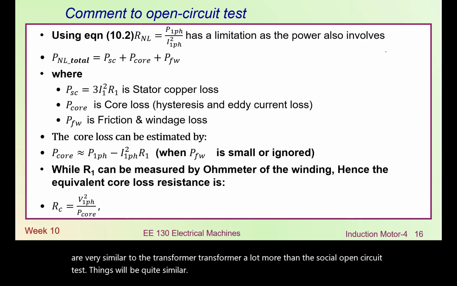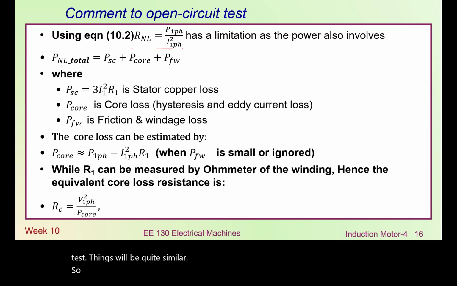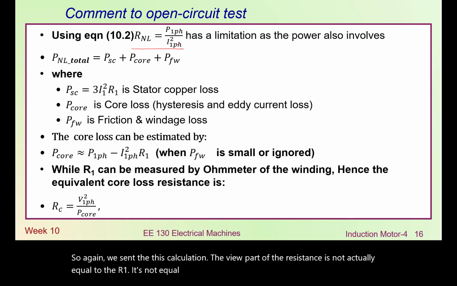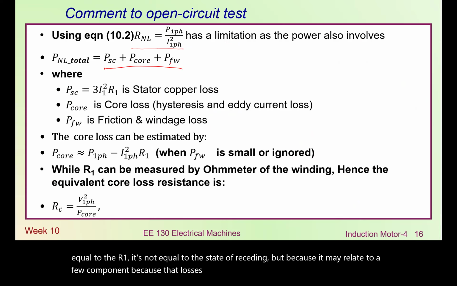So again, in this calculation, the real part of the resistance is not actually equal to R1. It's not equal to the stator resistance, because it may relate to a few components: core loss, the windage loss, and also the stator losses.